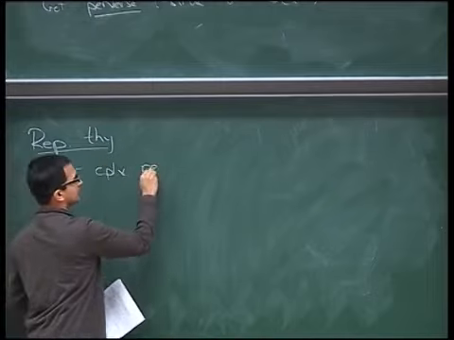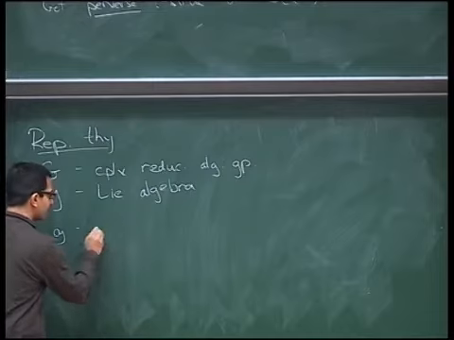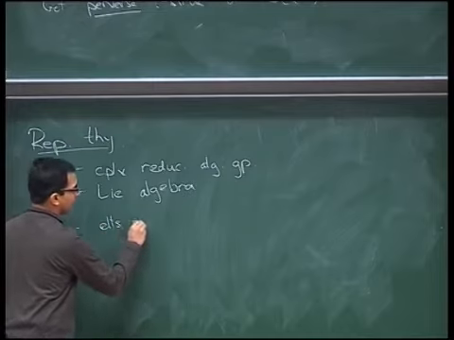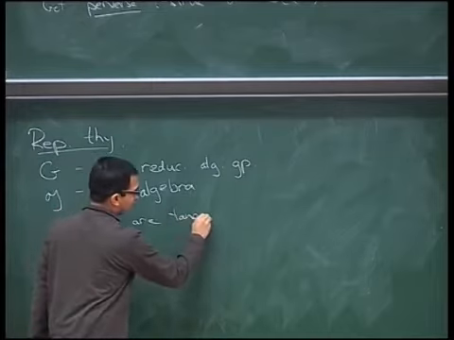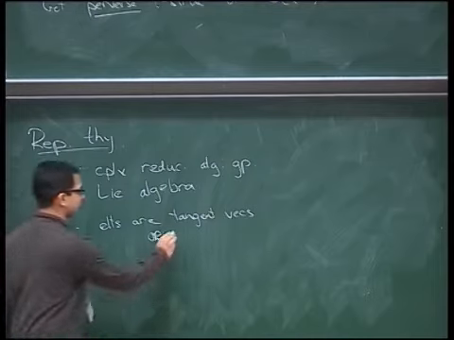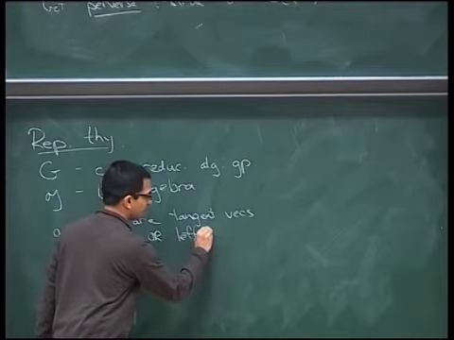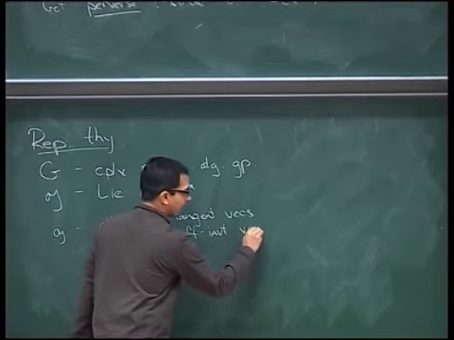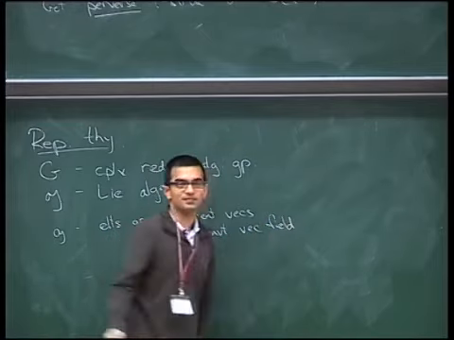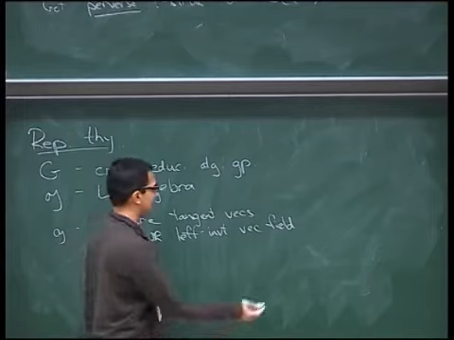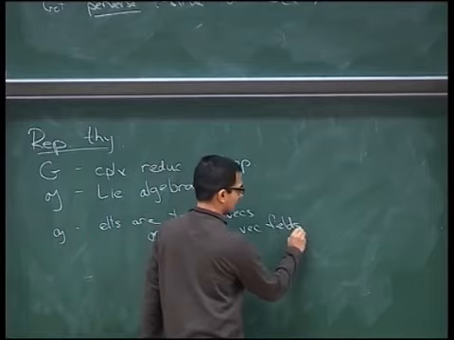And the first thing you can say is that, well, I mean, what are elements of the Lie algebra? Elements are tangent vectors, or maybe they're left invariant vector fields on the group. And vector fields are things that act on functions as differential operators.